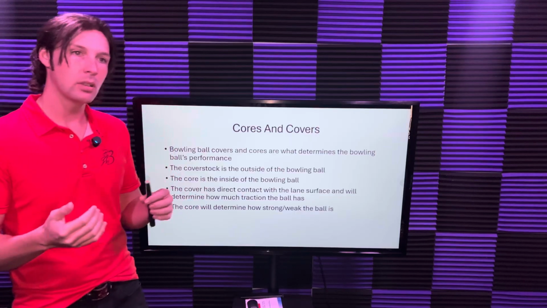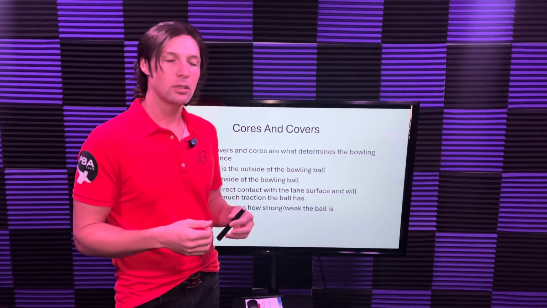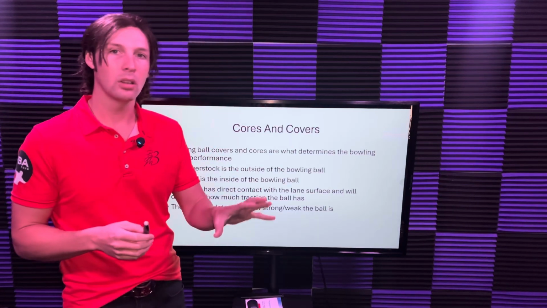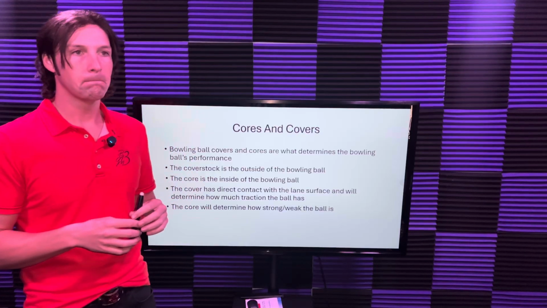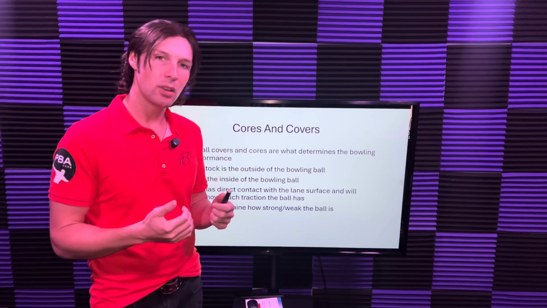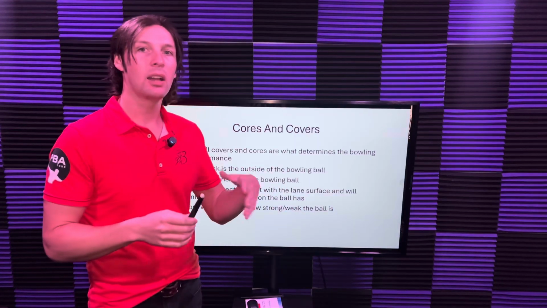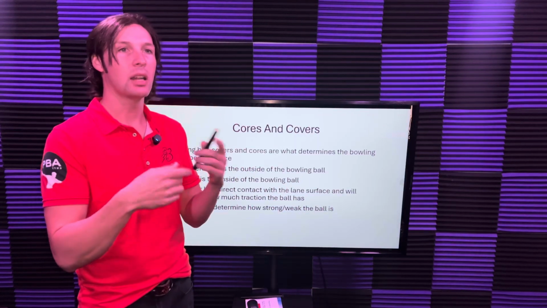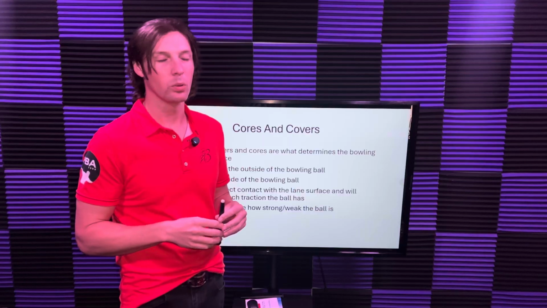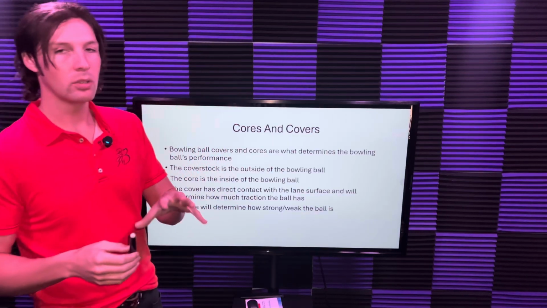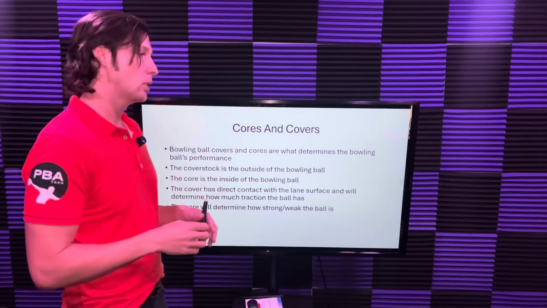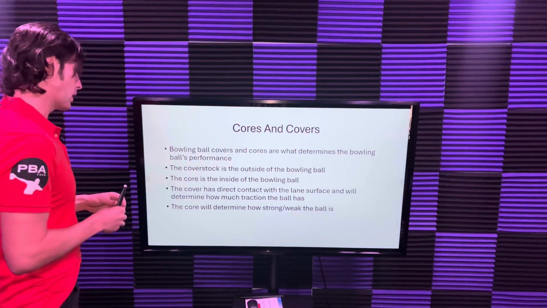It will read the lane a lot earlier, so it will get into the roll a lot sooner. If it has a shinier cover, it will just skid through the oil until it finally sees friction, and then it'll start to read the lane and roll forward. So depending on your cover stock will depend on how much traction the ball has.